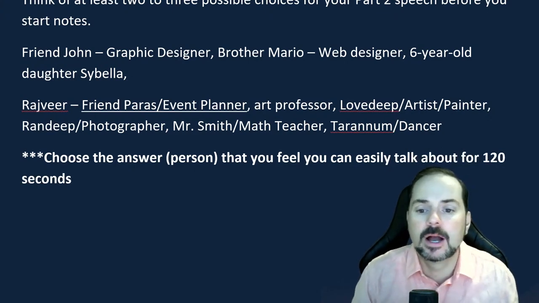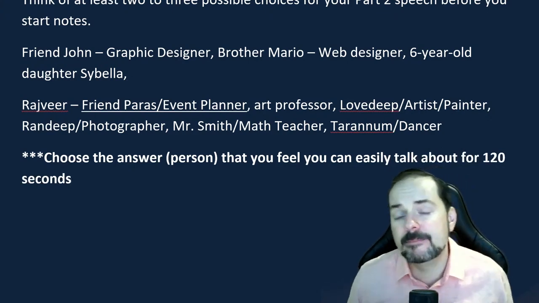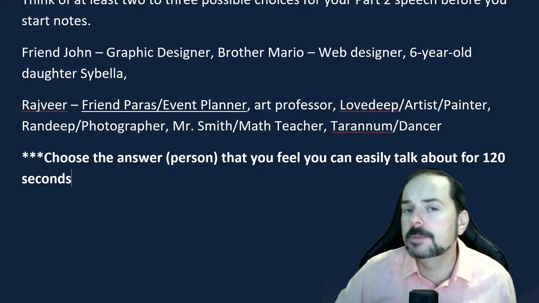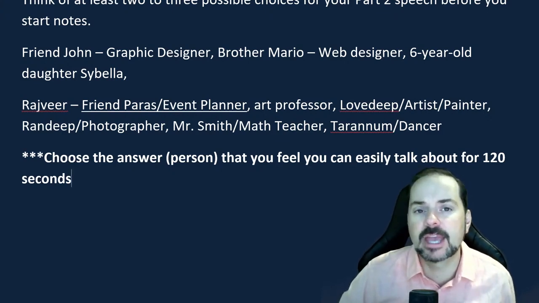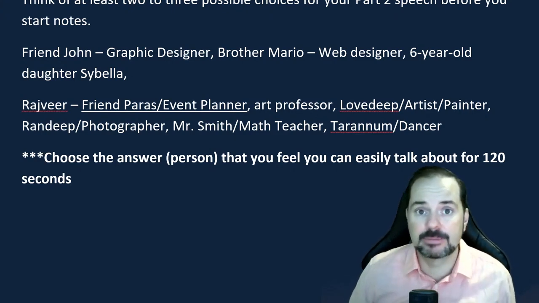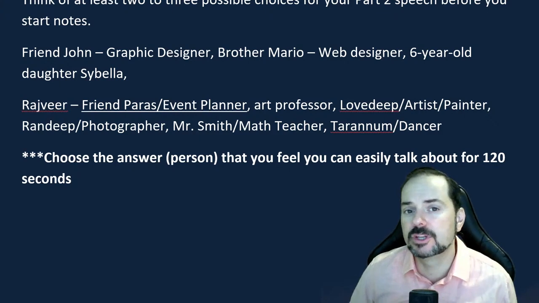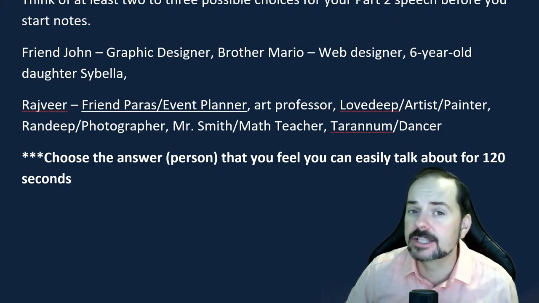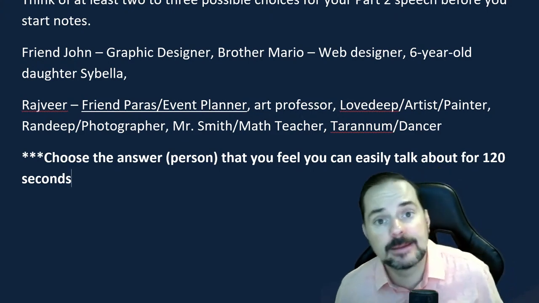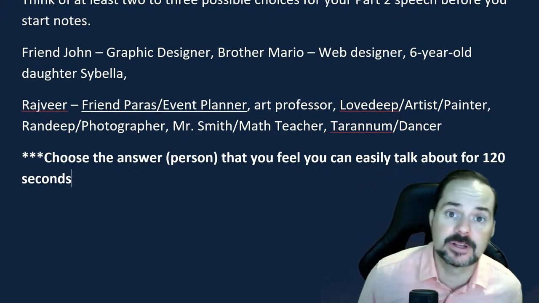Okay. So for example, talking about a math teacher who's creative or talking about a photographer could be tricky if you don't have vocabulary about photography and math, okay? Because of course, for those two individuals, there's a very good chance that you will have to talk about how that person is creative in the field of mathematics.